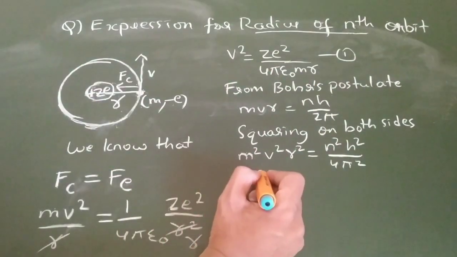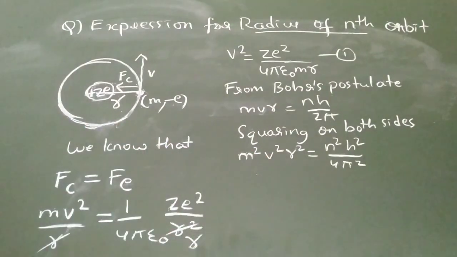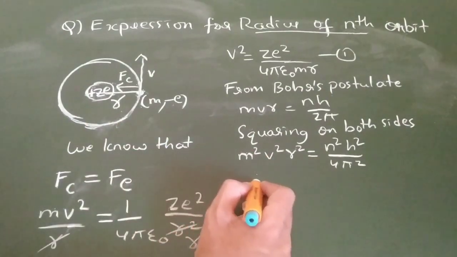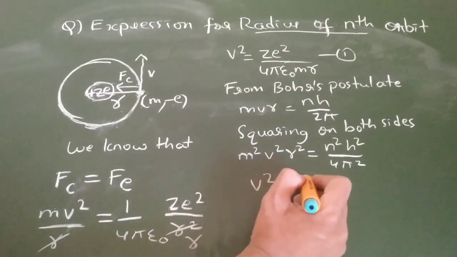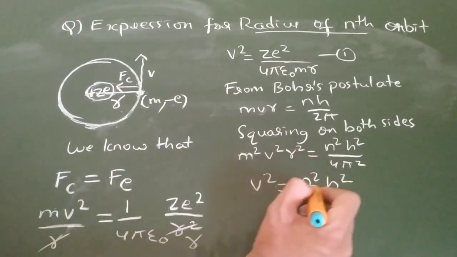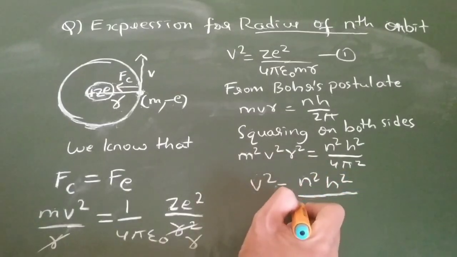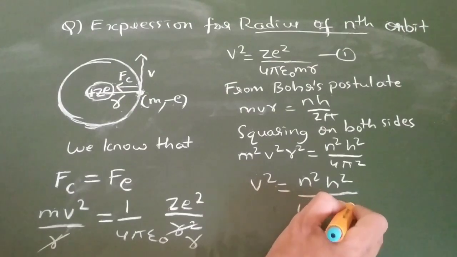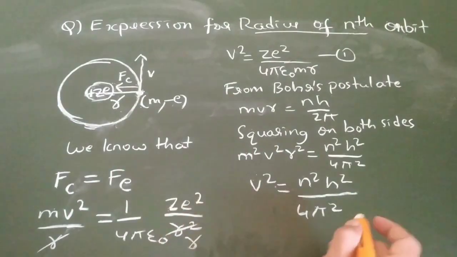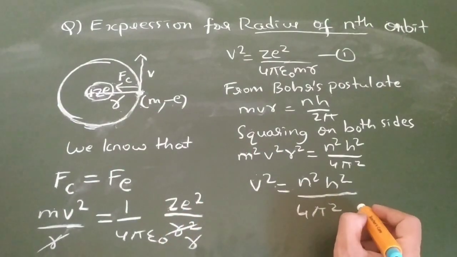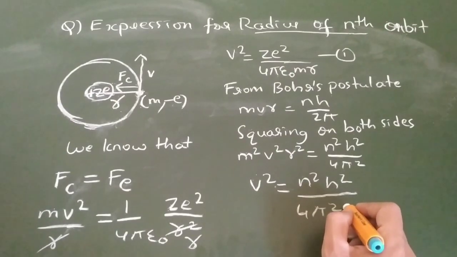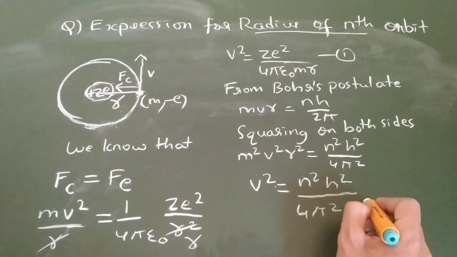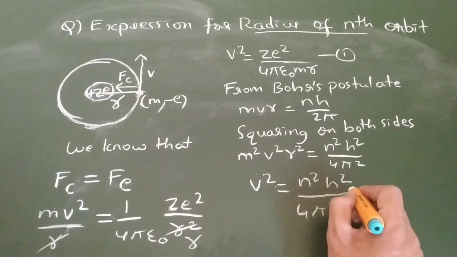Or I can write here v square is equal to n square h square divided by 4 pi square m square r square.